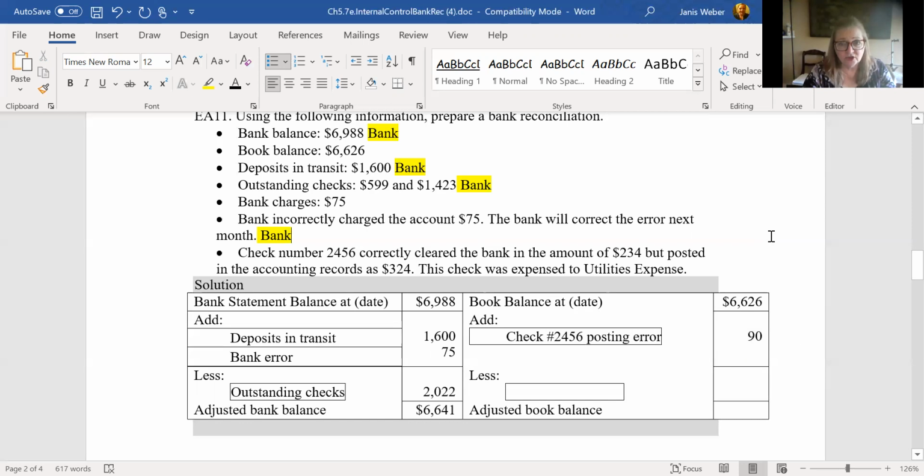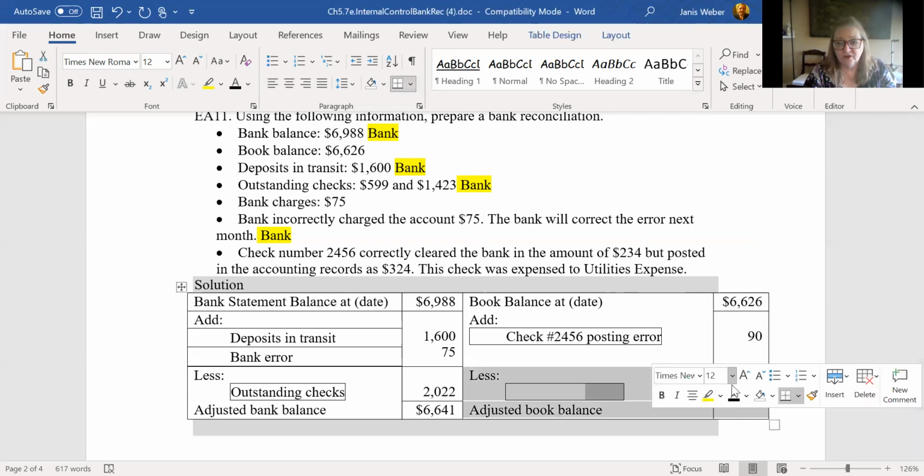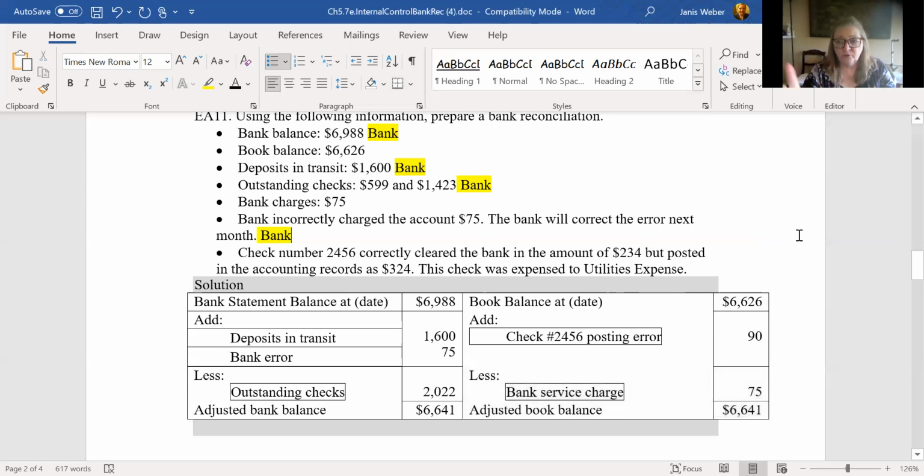It's a $90 adjustment because we deducted too much for that utility bill. And then the bank service charges, $75. So if we take our $6,626 and add the $90 error, subtract the $75 charge, we come up with $6,641, which agrees with our bank side.